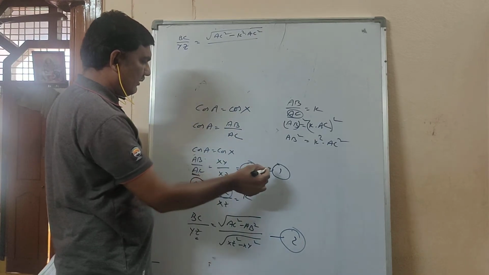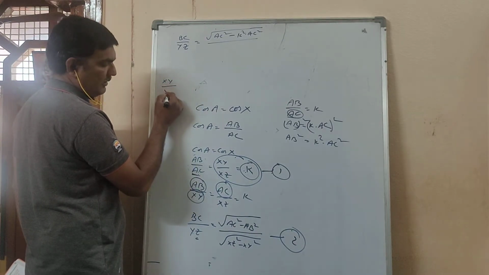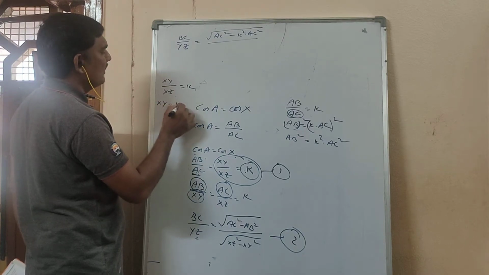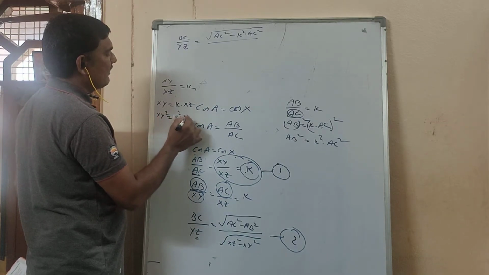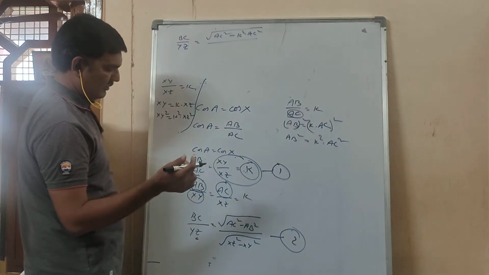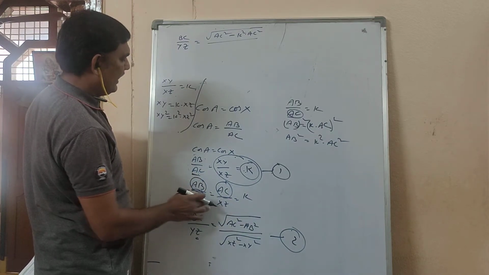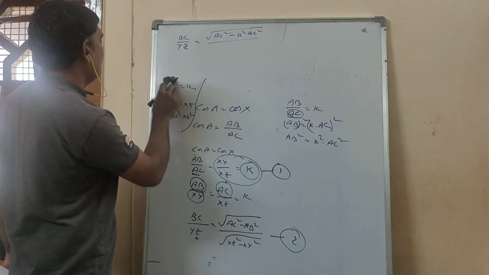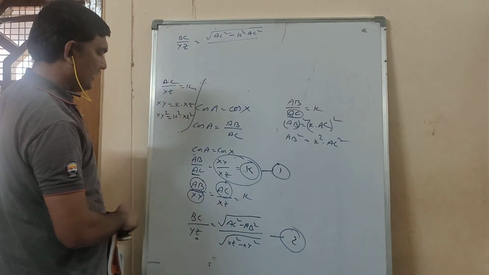I had to take the first equation, these two, means XY by XZ is equal to k.